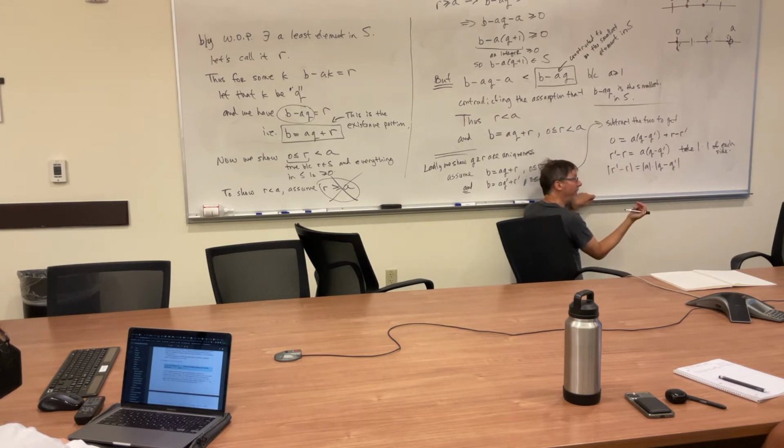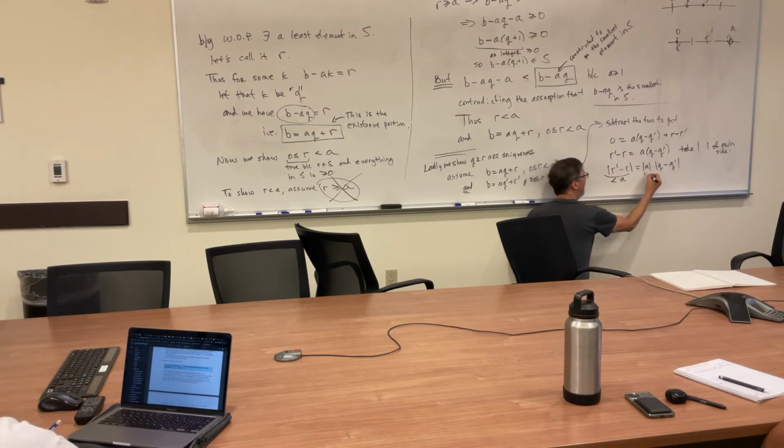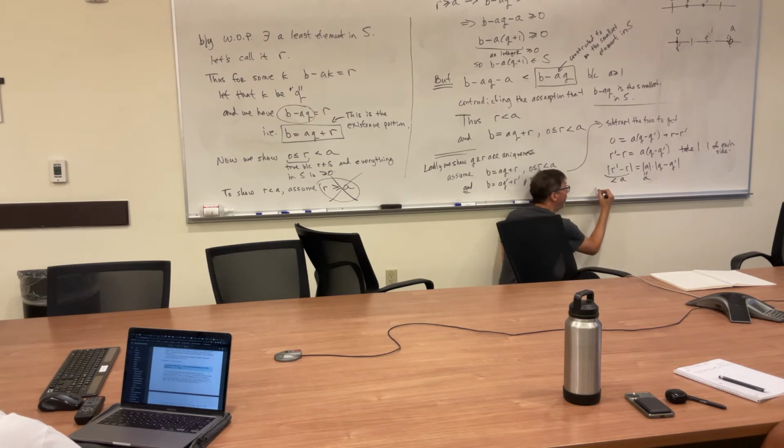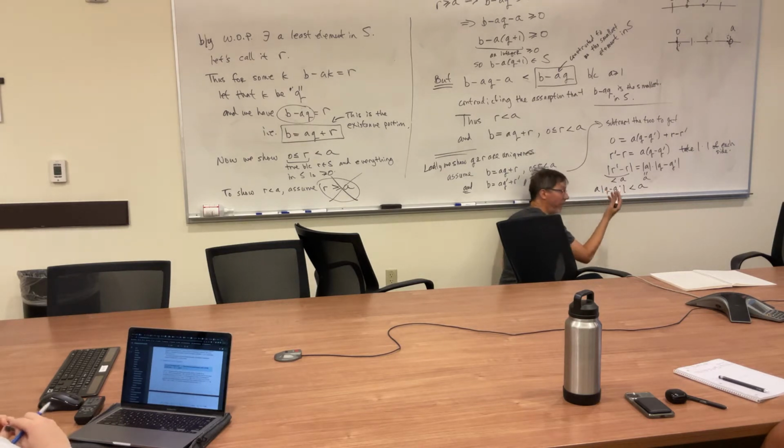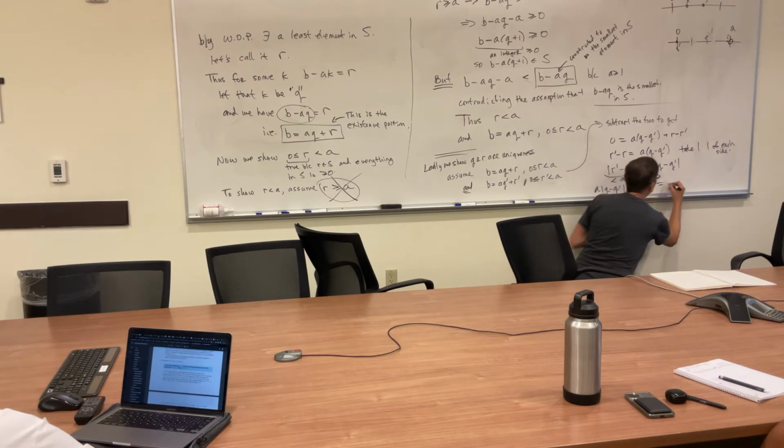And A is a positive number, so check this out. This is less than A. This is actually equal to A. So now what I've got is an inequality that says this: A times the absolute value of Q minus Q prime, so I'm taking that side, is less than A. A is positive, so I can divide.